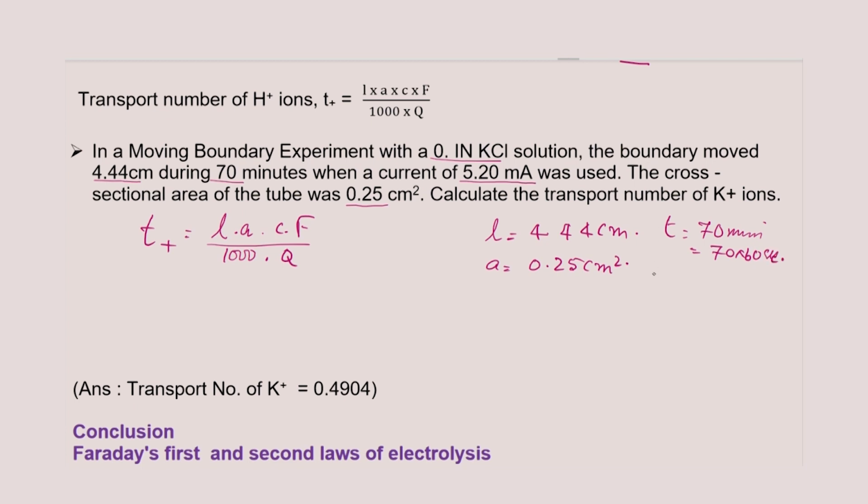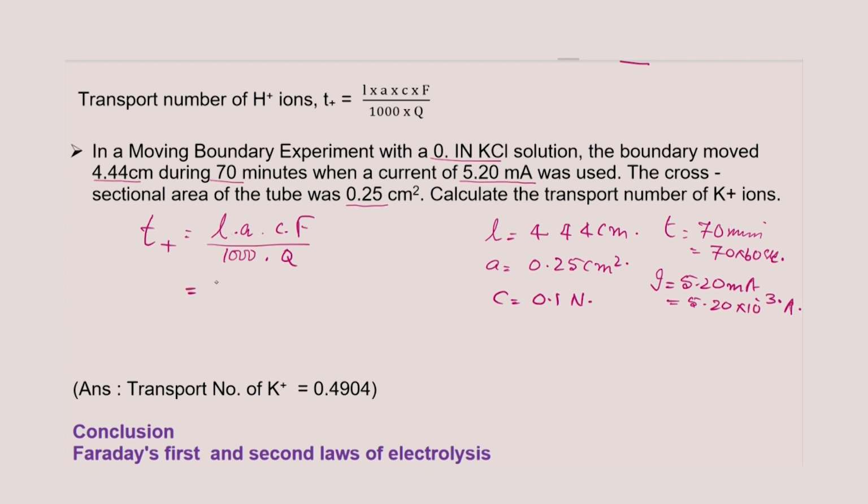Current passed, I, is equal to 5.20 milliamperes, which can be converted into 5.20 into 10 to the power minus 3 amperes. And the concentration C is equal to 0.1 normal.